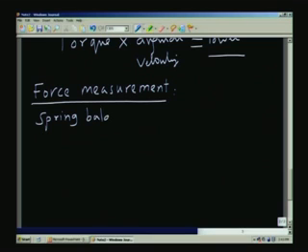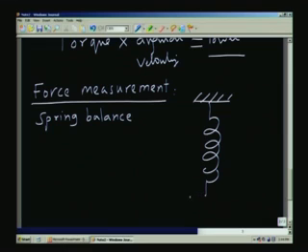So, this is very commonly used. We have a support which is a fixed support, and we have a spring, and then we have the W, the weight which is hanging from it, and you can put some kind of pointer here attached to the base of the spring, and you have a scale here.